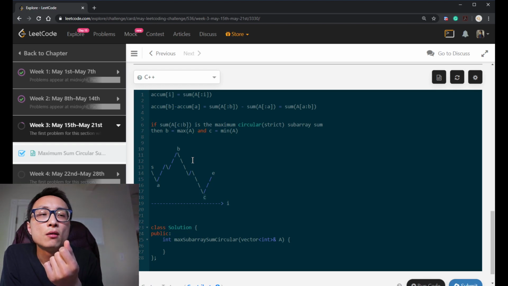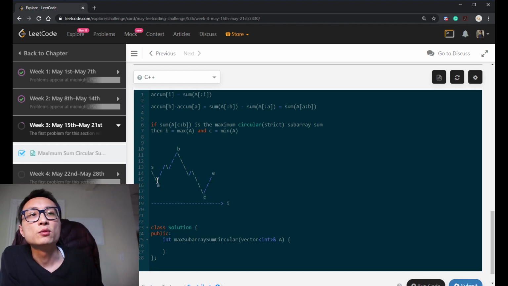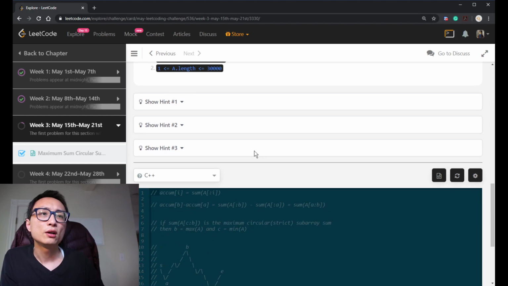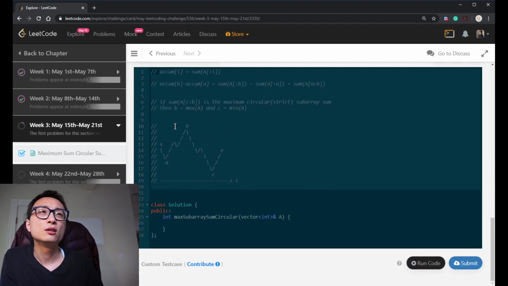So the total subtracted by the minimum subarray sum will be 0, and 0 will actually be larger than the maximum subarray sum, because when everything is negative, it's picking the smallest negative number. So we just need to handle that a little bit. So that's the graphical way of looking at this question and reasoning how to modify Kadane's algorithm to solve this problem.